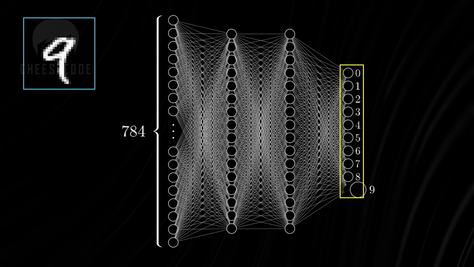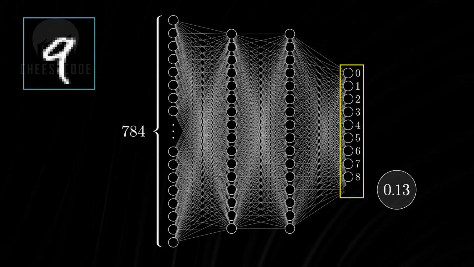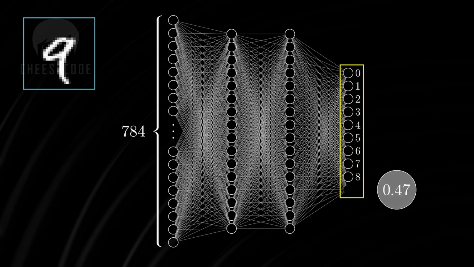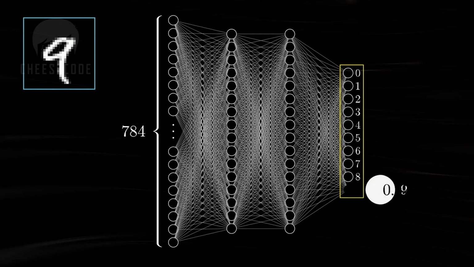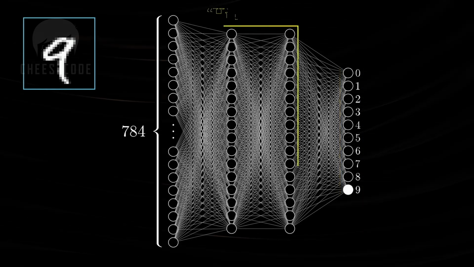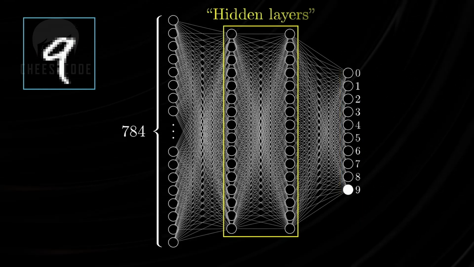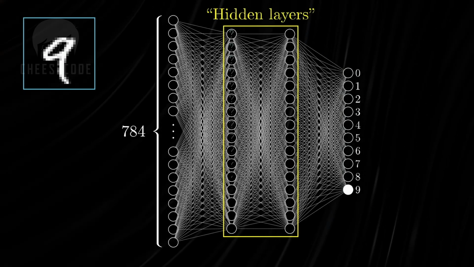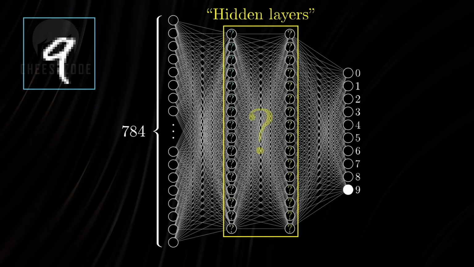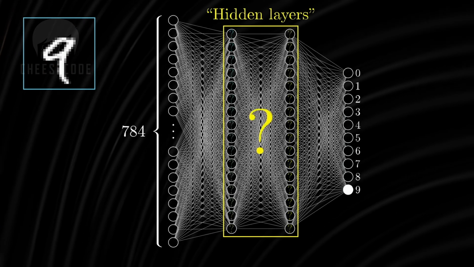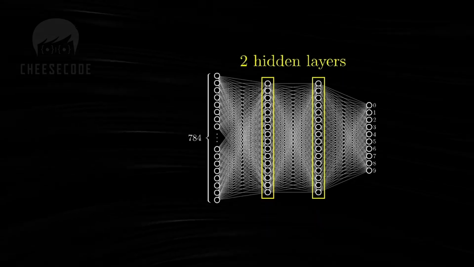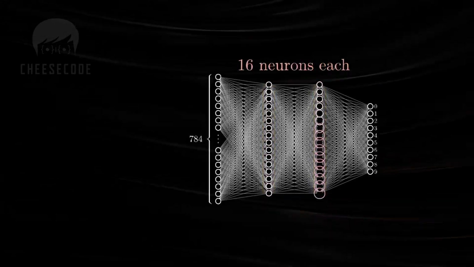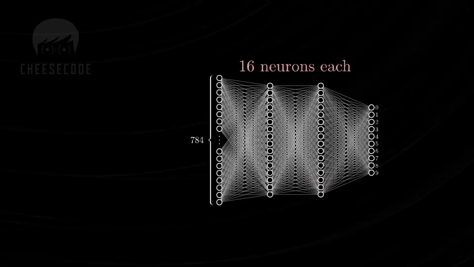The activation in these neurons, again some number that's between 0 and 1, represents how much the system thinks that a given image corresponds with a given digit. There's also a couple layers in between, called the hidden layers, which for the time being should just be a giant question mark for how on earth this process of recognizing digits is going to be handled. In this network, I chose two hidden layers, each one with 16 neurons, and admittedly, that's kind of arbitrary.